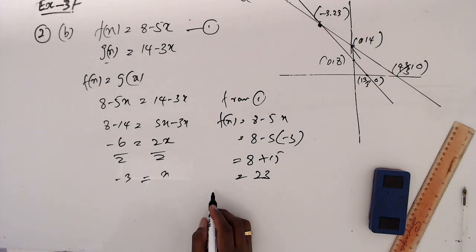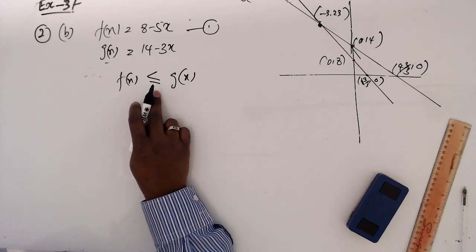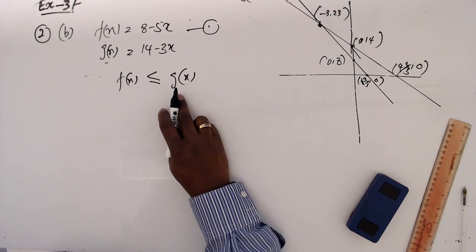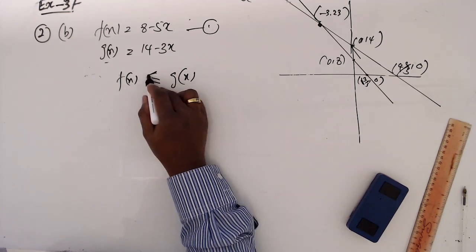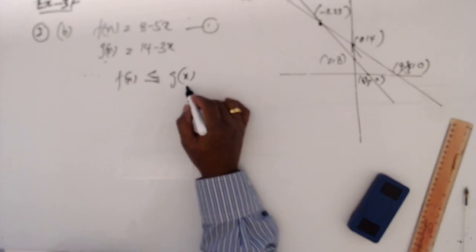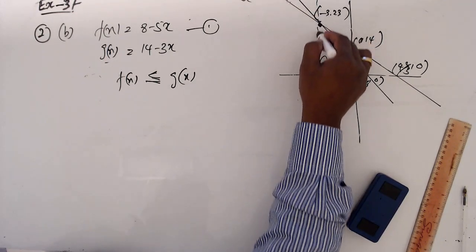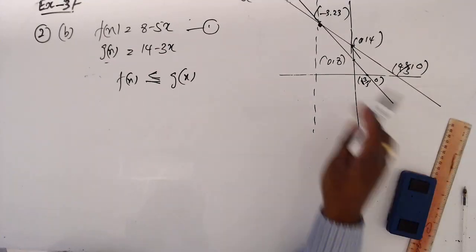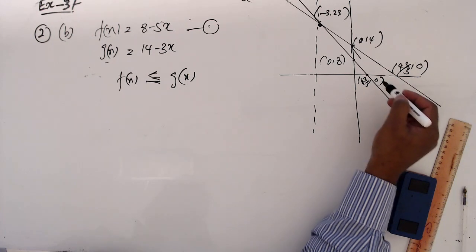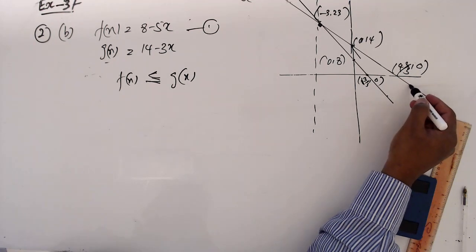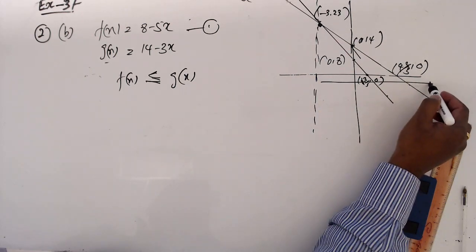Now what is the third part? f(x) less than or equal to g(x). This means the f curve is below the g curve. Which area is f(x) below g(x)? Up to here f(x) is above g(x), but when it comes to here I can see f(x) is below g(x). It means from here to here.